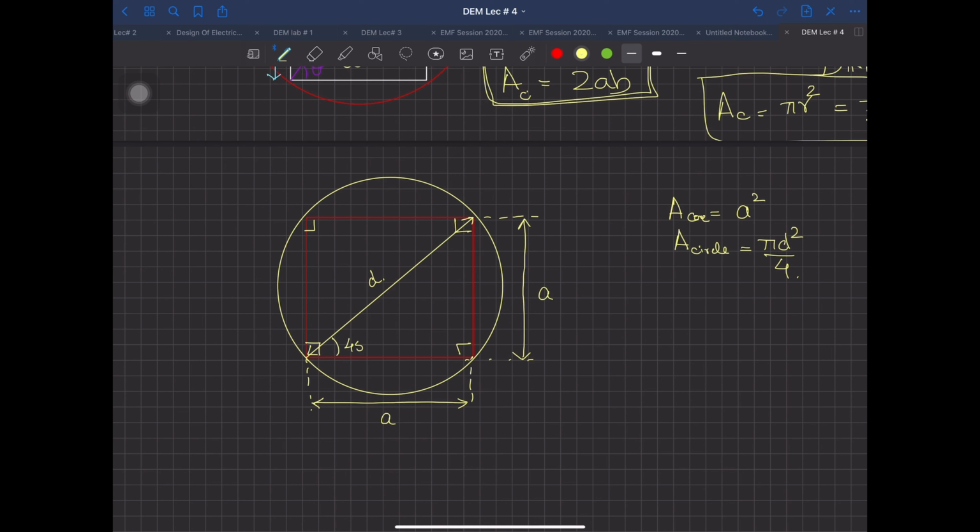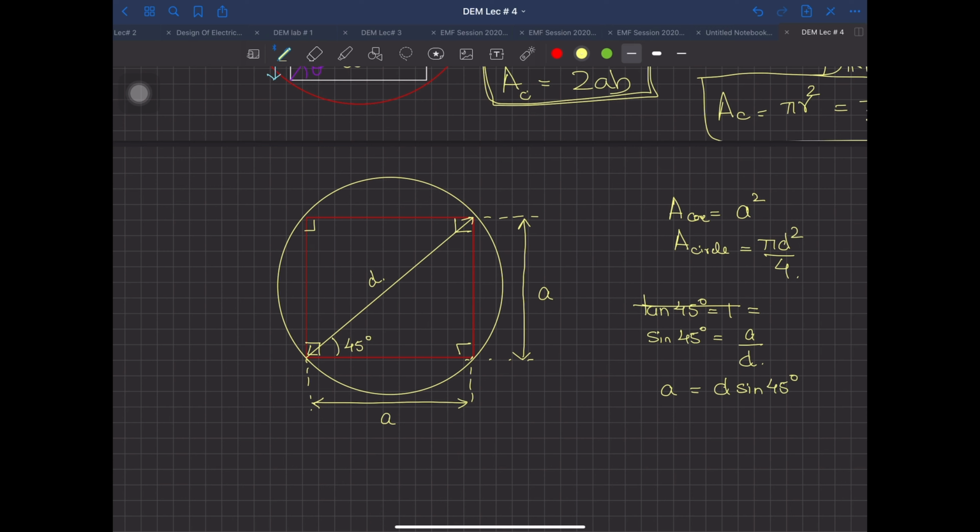So this angle is 45 degrees, and we know tan of 45 is equal to 1 is equal to A over A, but I don't want to use tan. Can I use some other value? Sine, okay, sine 45. A by D. So can I write A equal to D sine of 45?